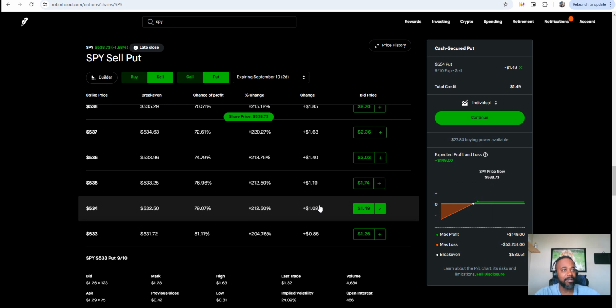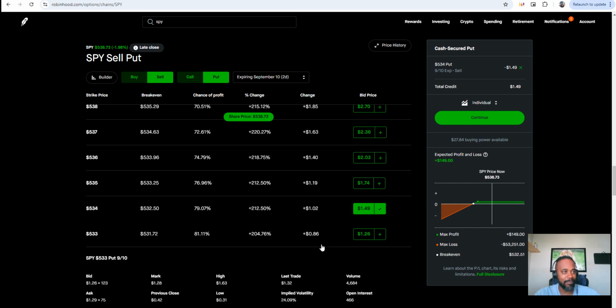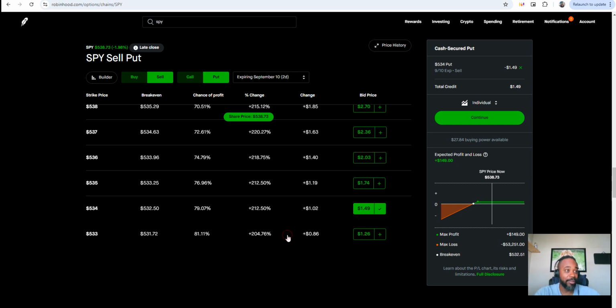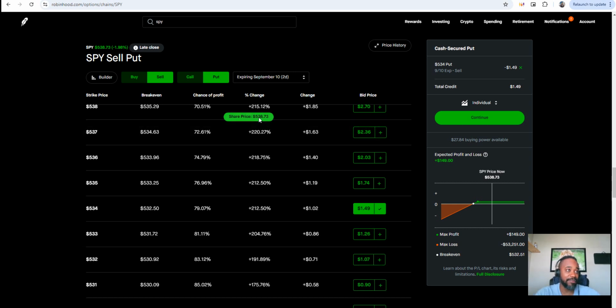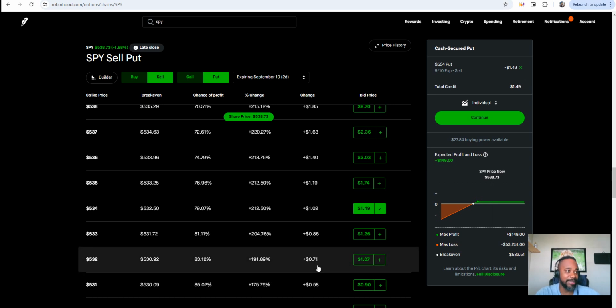So if the stock were to go below this price, then at expiration, you would be forced to buy. So, for example, right now, this stock is $538. If by expiration it's at $530, now you're going to be forced to buy these shares, right?